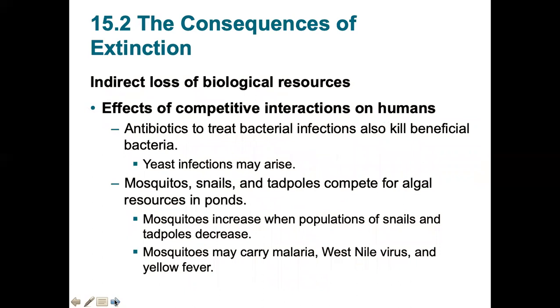Antibiotics to treat bacterial infections can also kill beneficial bacteria. That's true. Beneficial bacteria balance out. So, for example, in the vagina, there are species called lactobacillus, and they ferment and create an acidic environment.